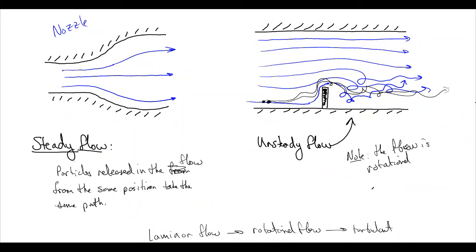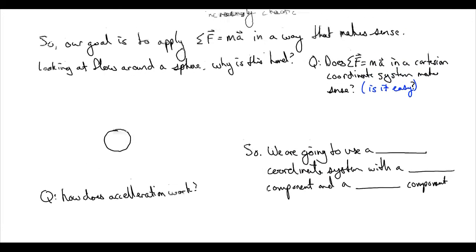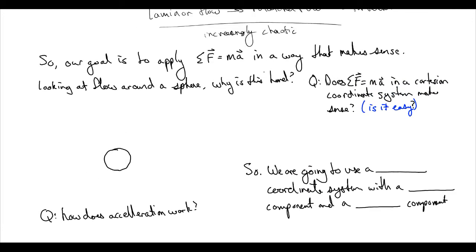If we look at this, the direction of motion for fluids changes all of the time. So we really have to be careful about how we apply F equals ma, because when we did it with fluid statics, I don't know if you noticed, we always would say sum of the forces in the y direction, and that's it. And that simplified our equations immensely. And we don't have that luxury here.